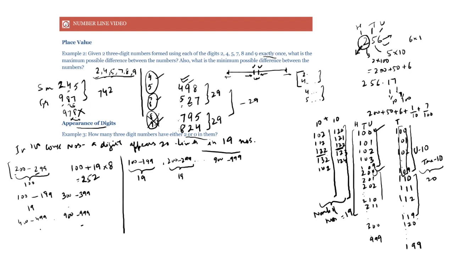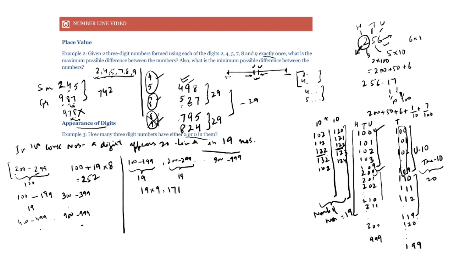So that is why it uses the same logic over here. So in all these 9 ranges, the 0 appears 19 times, which means that it appears a total of 19 into 9, which is 171 times. So the 0 appears in 171 numbers and the 2 appears in 252 numbers.